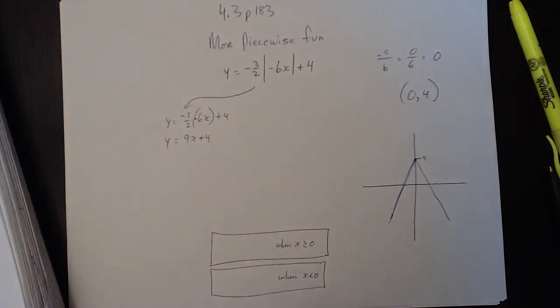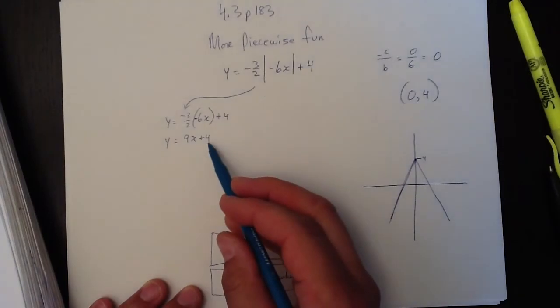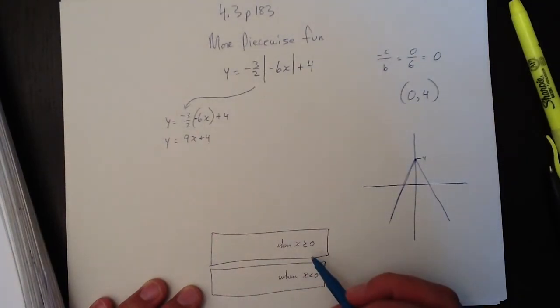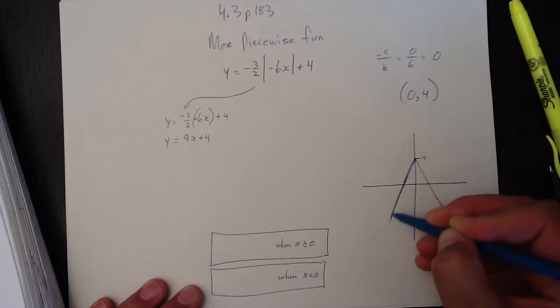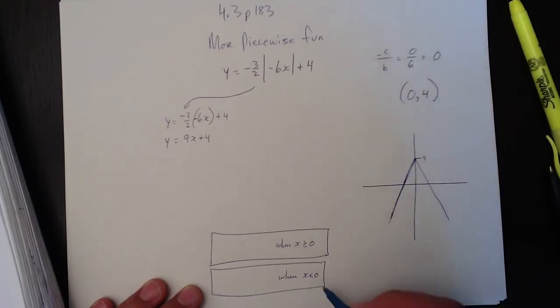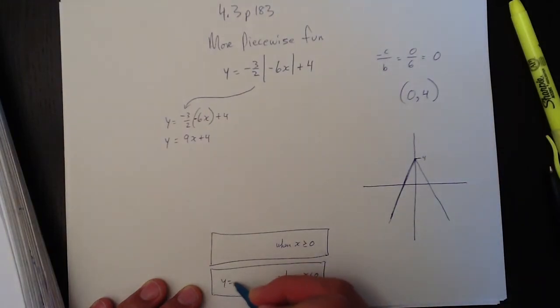That's really quite simple. Well, what side is that on? That must be this one because it's positive slope. So this must be when x is less than 0. When x is less than 0, y equals 9x plus 4.